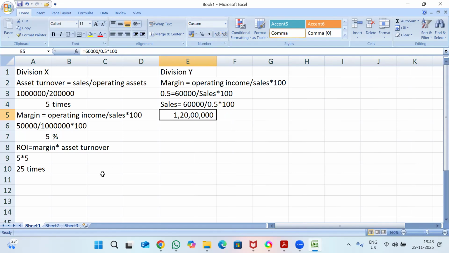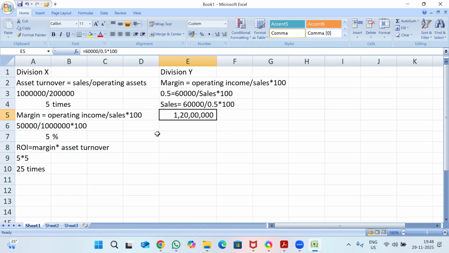So my sales here is 1 crore 20 lakh rupees. Sometimes we miss this point: if you use 0.5 wrongly or miss the 100, the answer will go wrong. So remember to put it exactly.